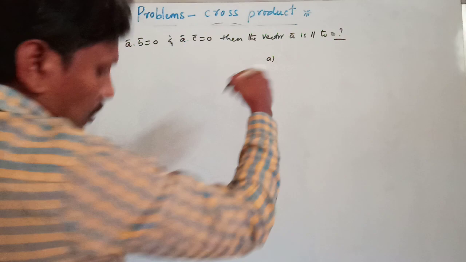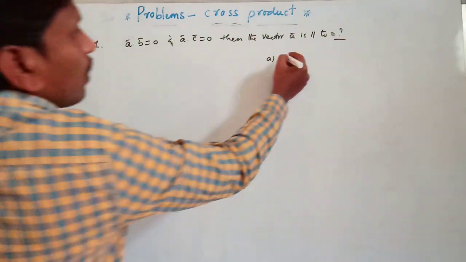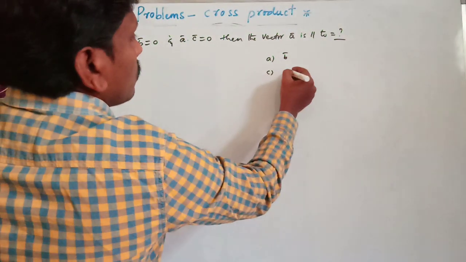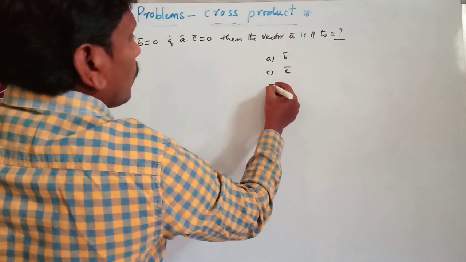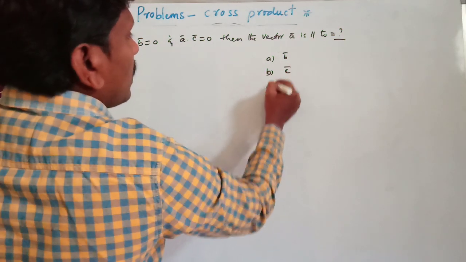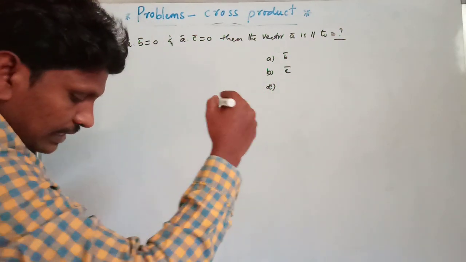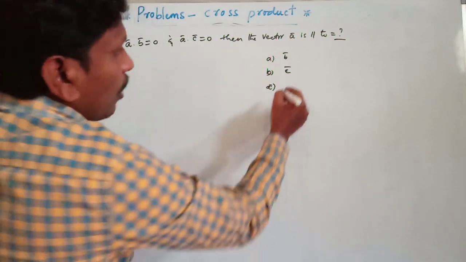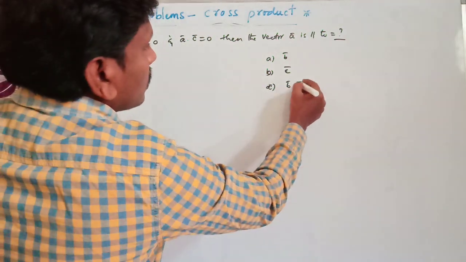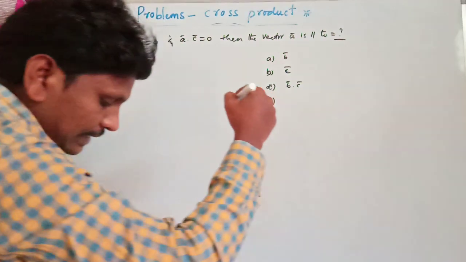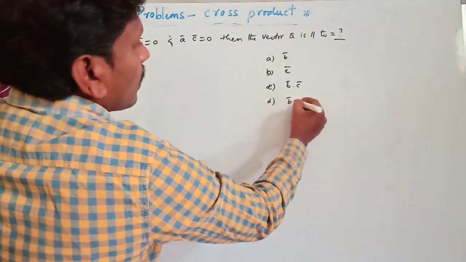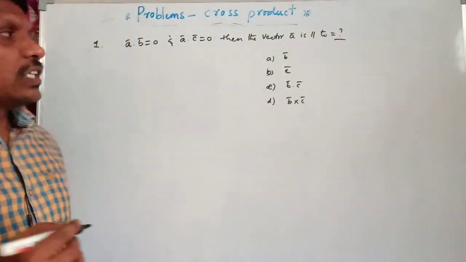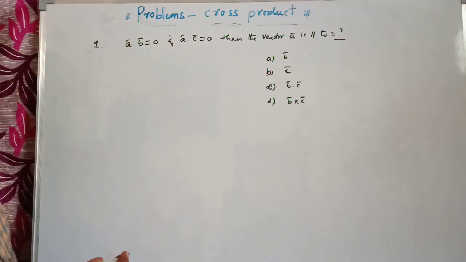Options are there: option A is B bar, option B is C bar, option C is B bar dot C bar, and option D is B bar cross C bar. These are the options. Now let us check.